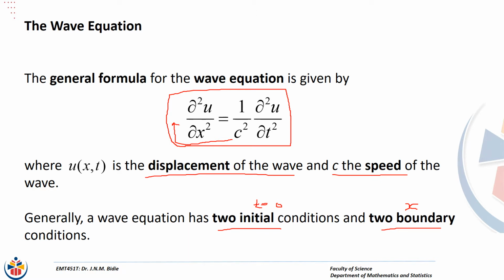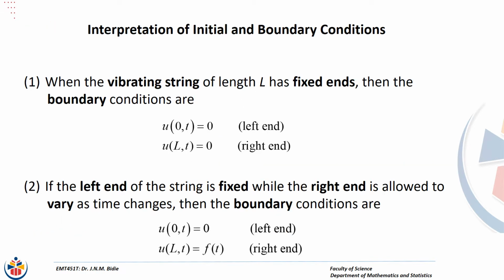Now let's go to the interpretation of the boundary conditions and initial conditions and how we can write them in mathematical format. Number one, when the vibrating string, note again, of length L has its ends fixed, then note we're not talking initial conditions now, we're talking boundary conditions because we're looking at the length of the string.